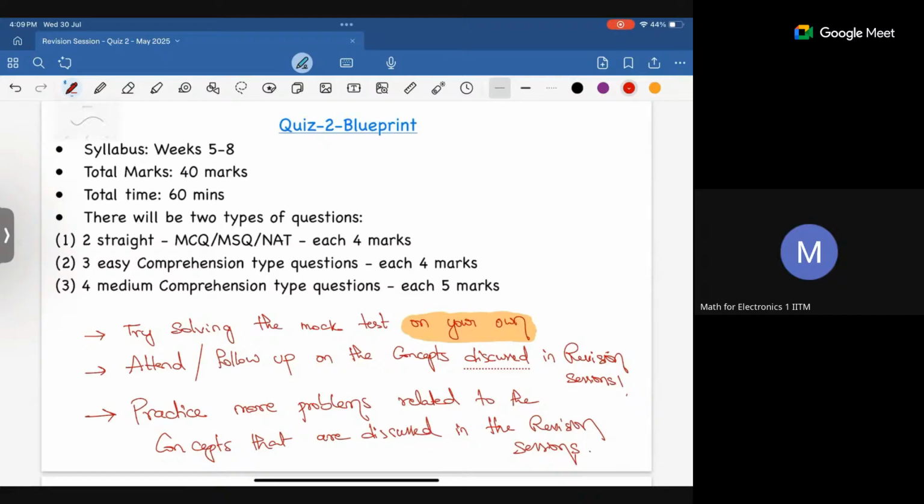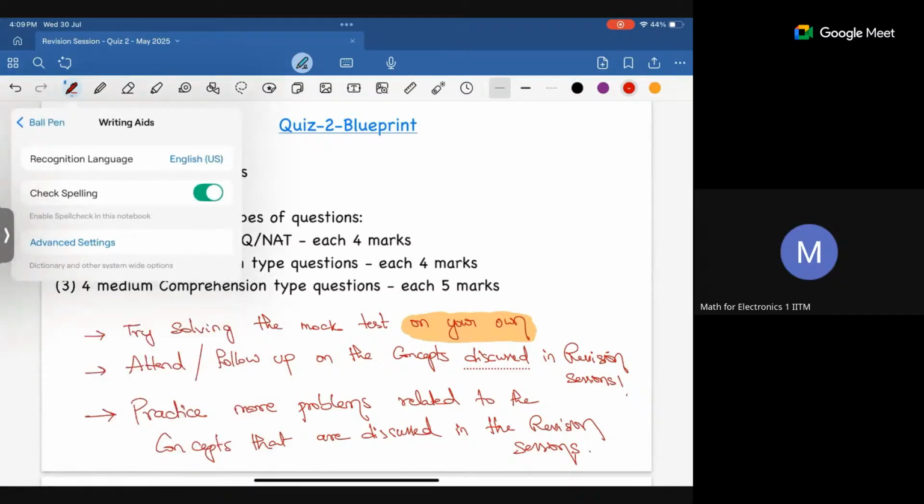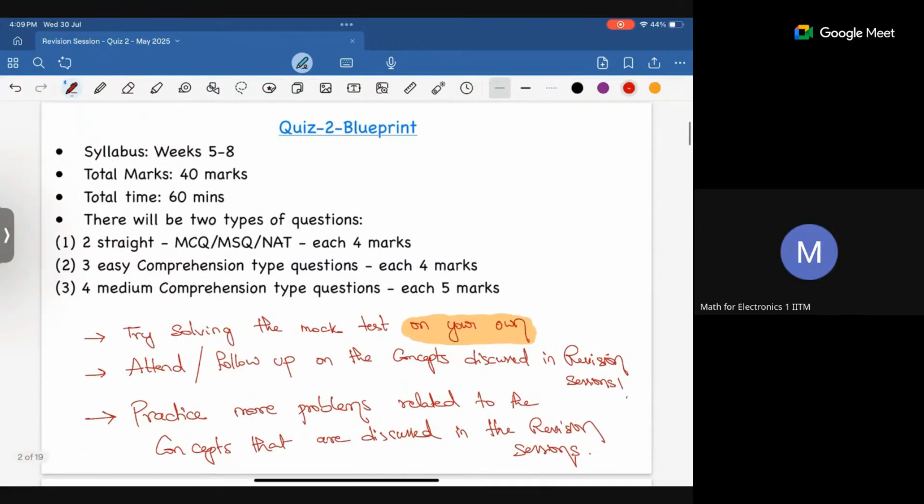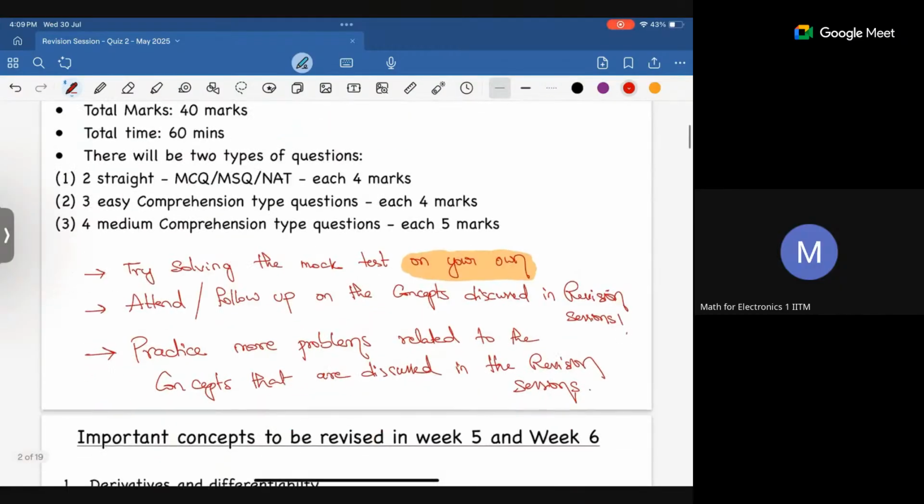Okay, so these are a few things that you all have to do to boost your scores. Alright, so this is about quiz 2.